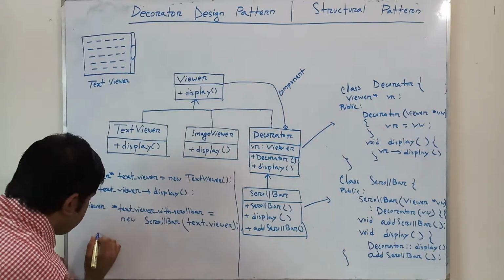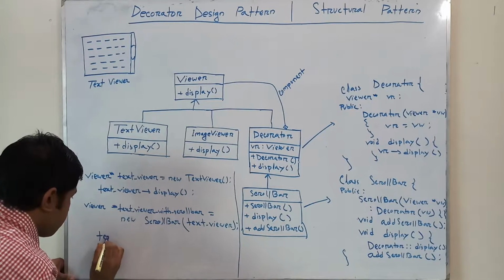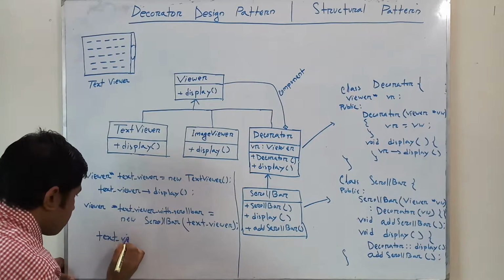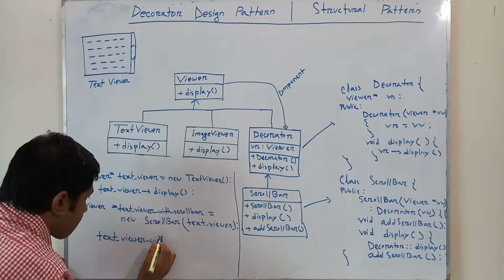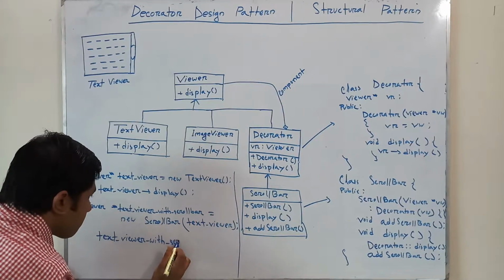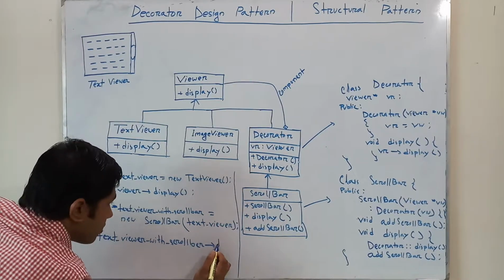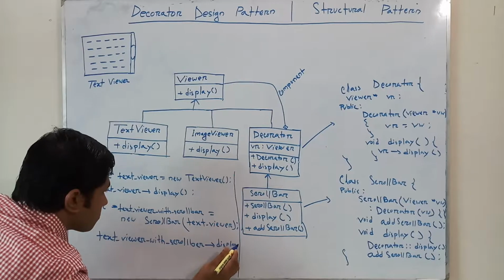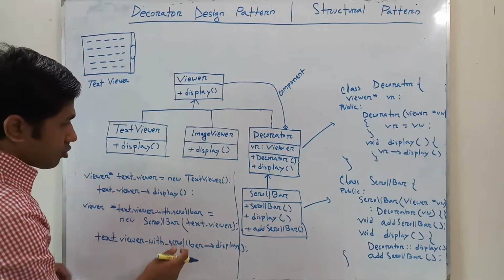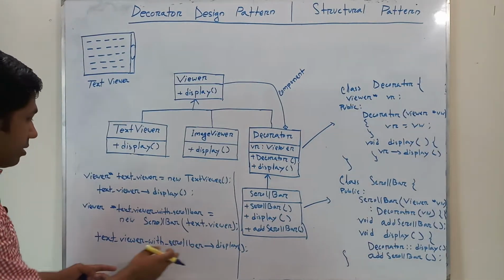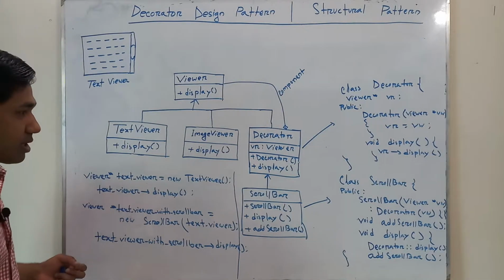Now if we call the display function on the textViewerWithScrollBar object, it will add the scroll bar to our existing text viewer object.